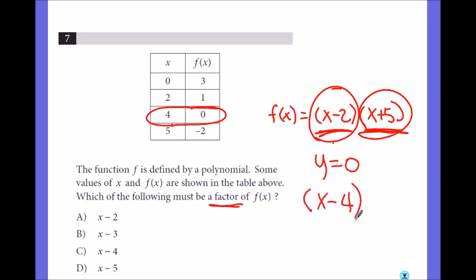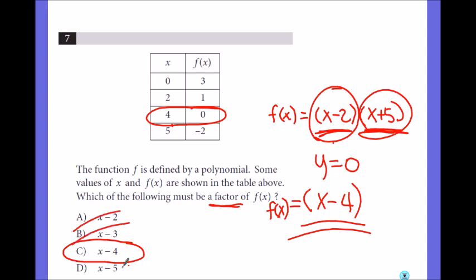It could be as simple as this, equals f of x, because it becomes 0 here, and x equals 4, so this will be the factor, C. The others, we are not sure about those, right? It could be, maybe not, but for this one, when x is 4, y is 0, that's when you get your zeros, which gives you the factor of the polynomial, okay?